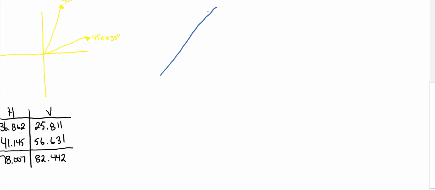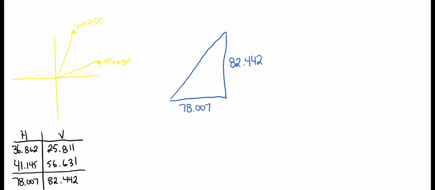that on our new triangle. So our horizontal, 78.007, our vertical, 82.442. Do some Pythagorean Theorem now. So now all we have to do is solve for the hypotenuse. We can do that by using Pythagorean Theorem.